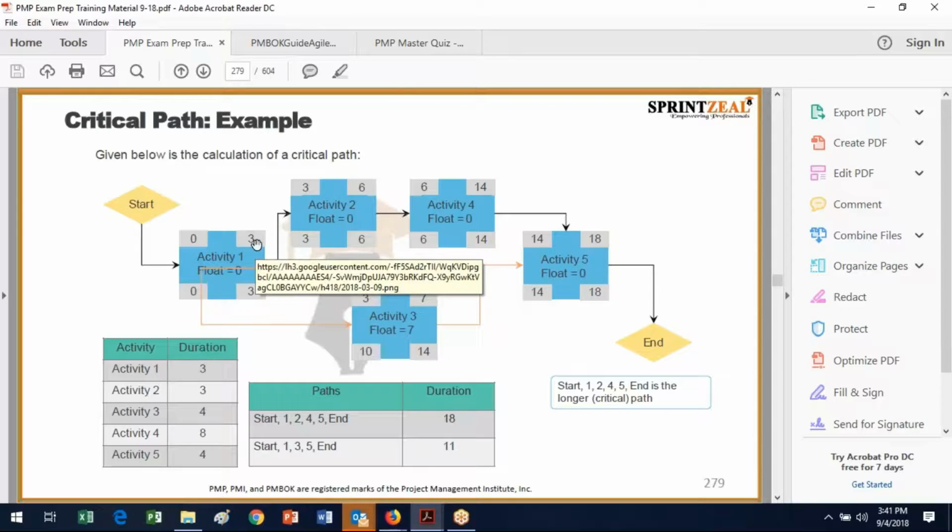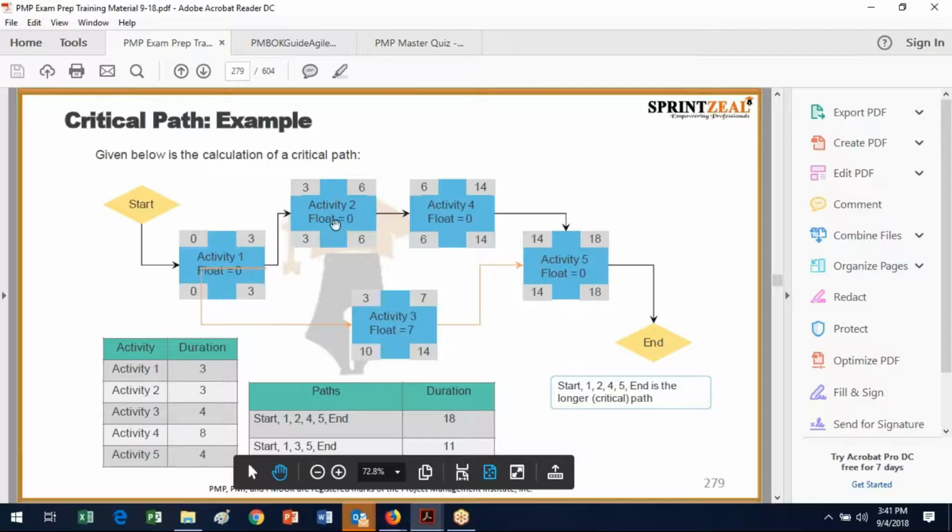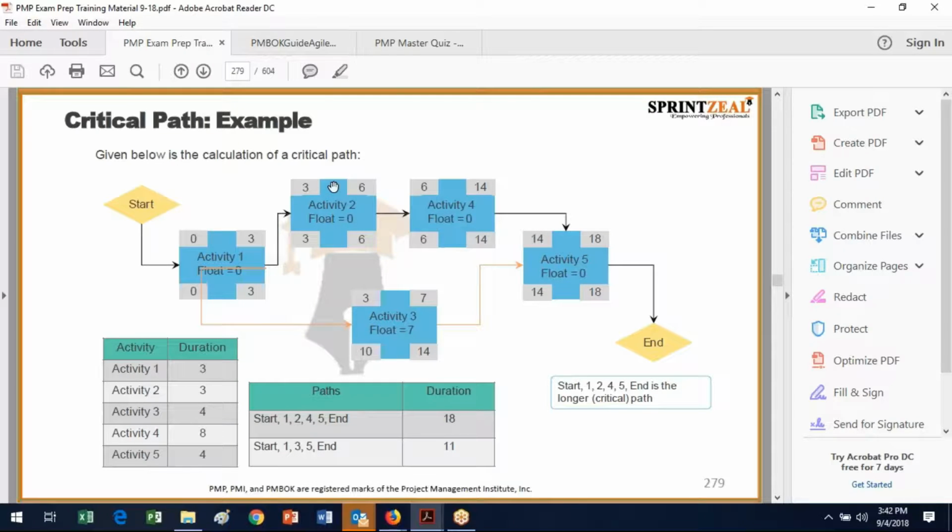Then from activity 1 you go to activity 2, which starts on day 3, because you just pull that straight over. Activity 2 also has a duration of 3, and I like to have the duration right there where my hand is. So 3 plus 3 is 6. It ends on the 6th day.